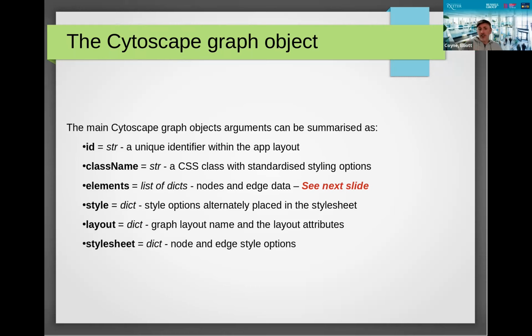We've got our elements, which I said is a data storage receptacle, and I'll talk about that more in the next slide. Then we've got our style, which is a dictionary, and these are kind of alternatives to the style sheet. You've then got the layout, which has got the graph layout name and layout attributes, and then the style sheet itself.